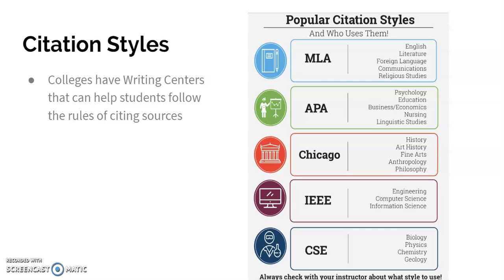That's a center that helps students with their written assignments, and that would include helping you follow the rules of citing sources. So if you go to college, make sure you find out the location of the writing center because they'll be able to help you through this process with your assignments.